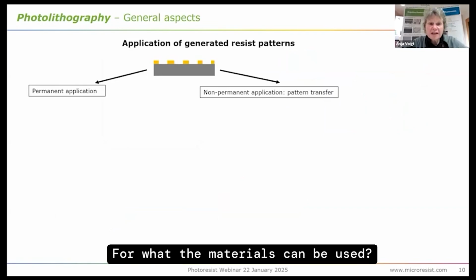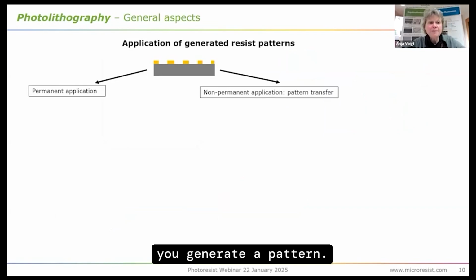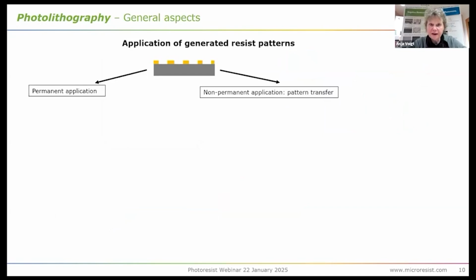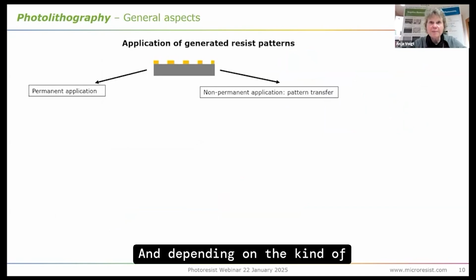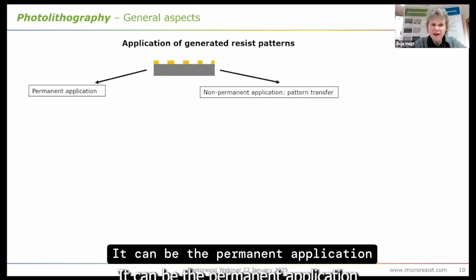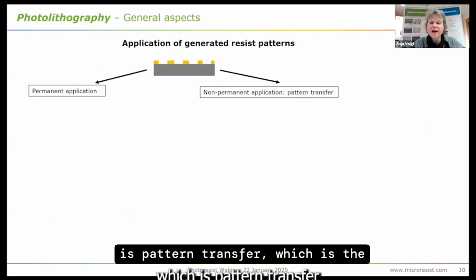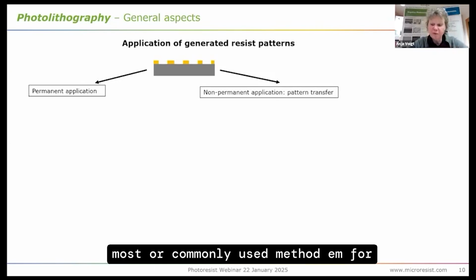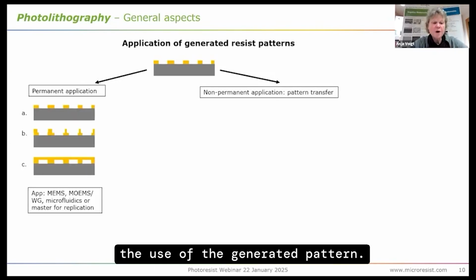For what can the materials be used? You generate the pattern, and depending on the kind of application, you have to select the right resist material. It can be a permanent application or a non-permanent application, which is pattern transfer, the most commonly used method for the use of the generated pattern.